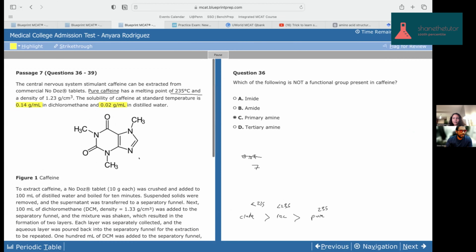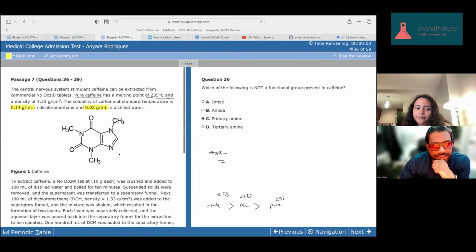Okay, is it the NH3, right? We don't have an NH3 group. So you're able to know what an imide was?